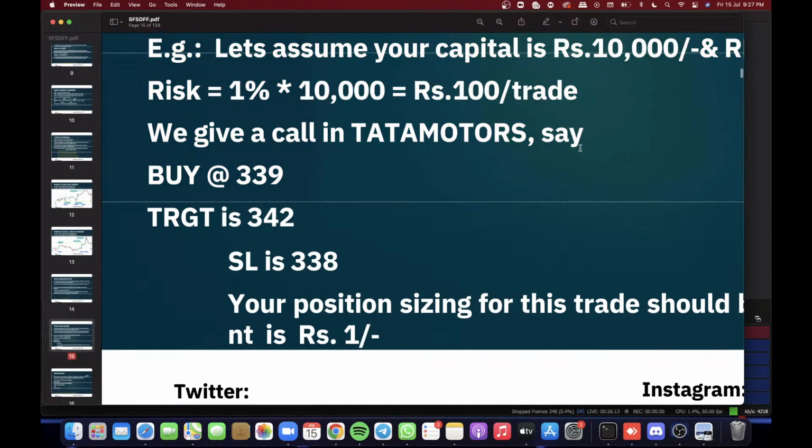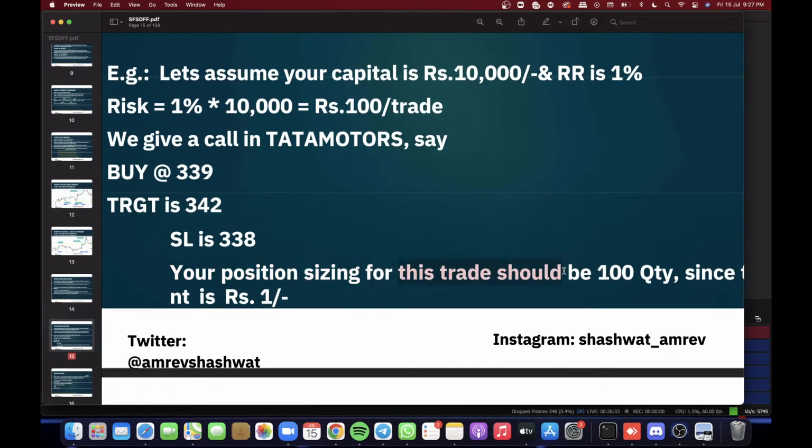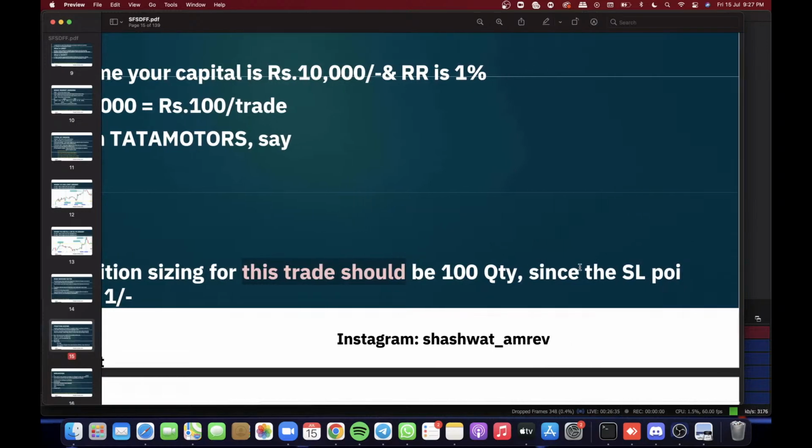We give a call, Tata Motors, buy at 339, target is 342. Stop loss is 338. Now your position sizing for this trade should be 100 quantity.